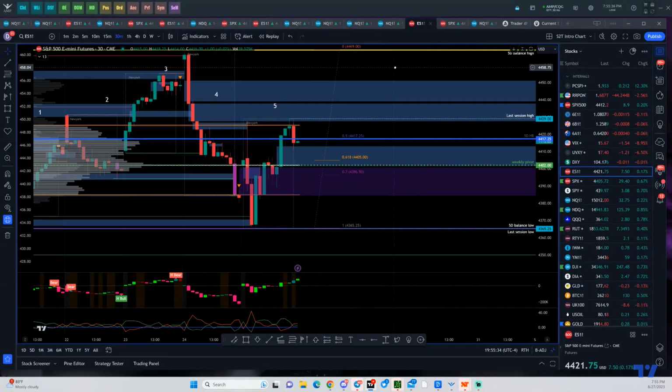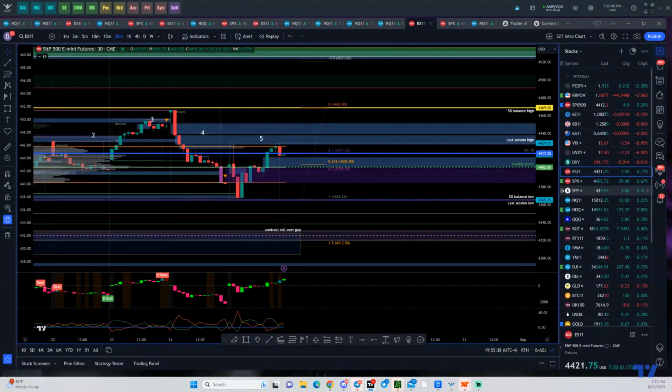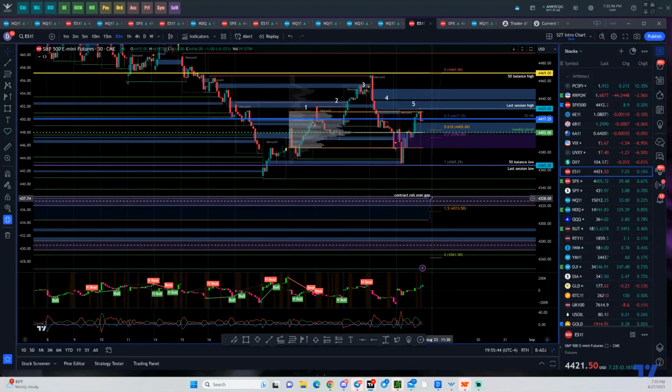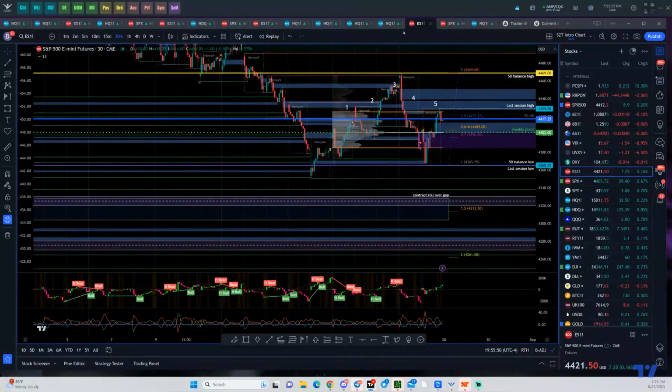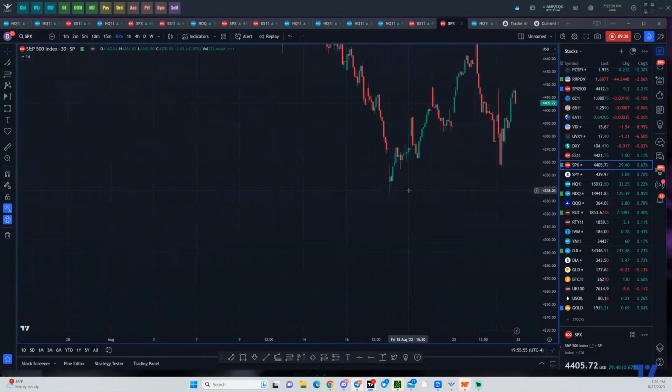So I'm not going to get into a lot of discussions about Fibs, but you can take a look at it in here, and we have a gap on the top here, and we also have a contract rollover gap on the bottom here that gets filled if we were to trade at 43.03. It's a massive gap.